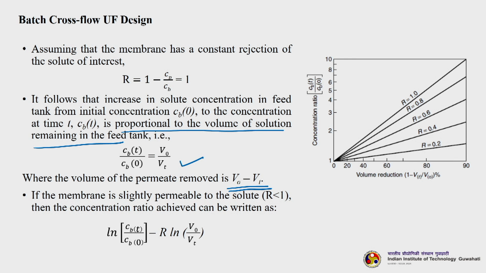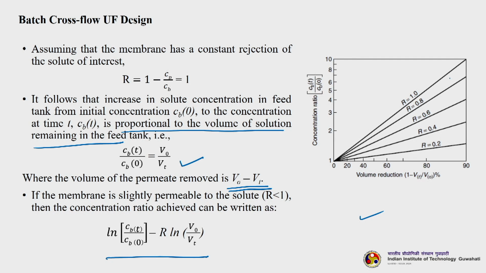So, if the membrane is slightly permeable, that means R is less than 1, then the concentration ratio that can be achieved can be written in this equation: ln of Cbt by Cb naught equals R ln V naught by Vt. You can see this particular figure in which the concentration ratio Cbt by Cb naught is plotted against volume reduction, that is 1 minus Vt by V naught in percentage.